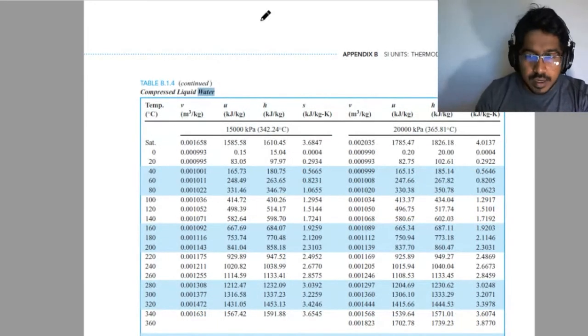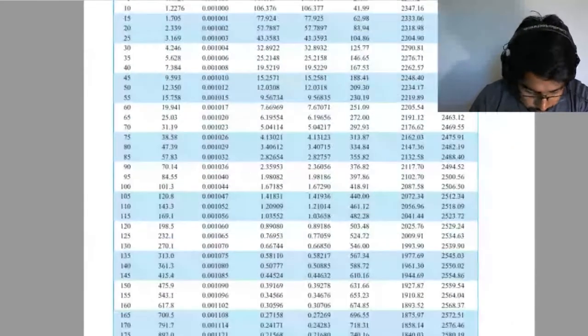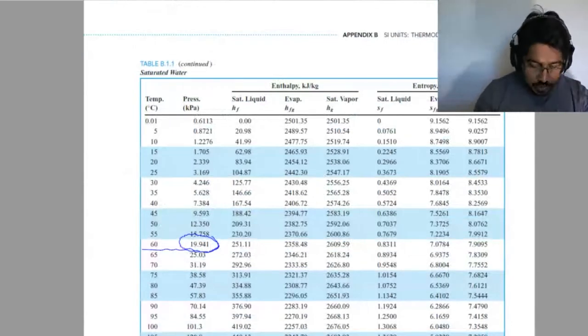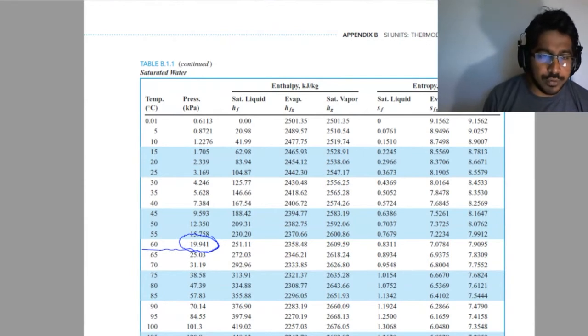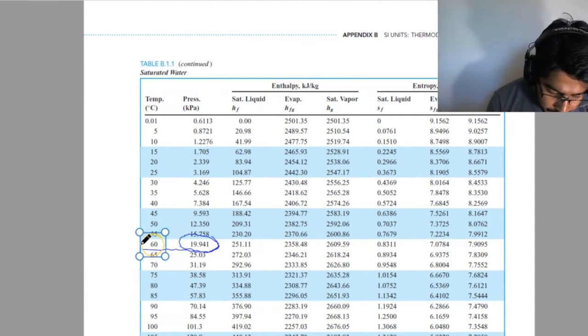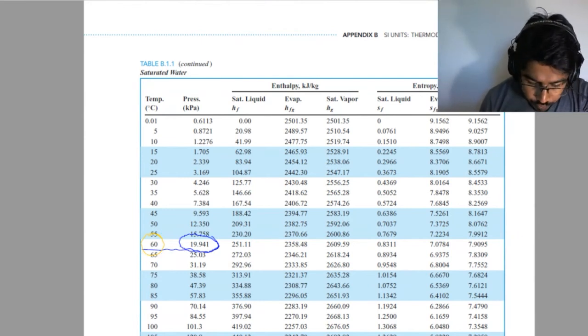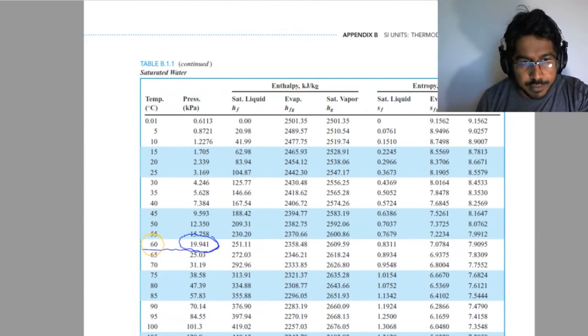Sorry, need to go up here. Okay, saturated water. We said in such a situation, pressure does not matter. What we are looking for is temperature, and we pick the value for our temperature. Our temperature is 60, and if we want the specific volume, we were supposed to get Vf.